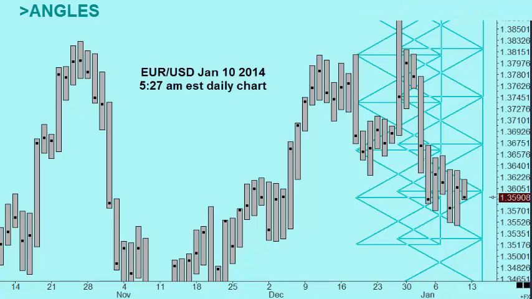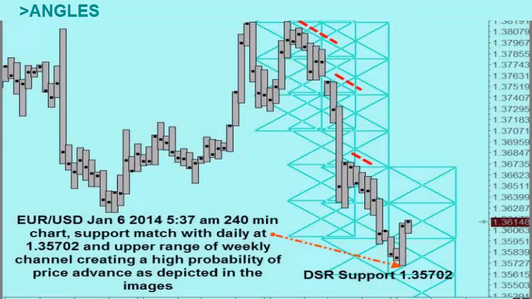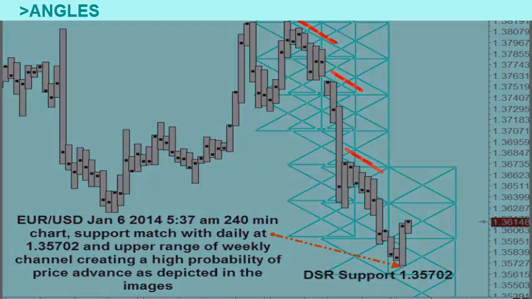Angular vectors of inclines and declines demonstrate levels of support and resistance. The January 10th chart shows 4 days being held by this angular support vector. The January 6th chart shows multiple groups confined by angular resistance on this 240-minute chart.